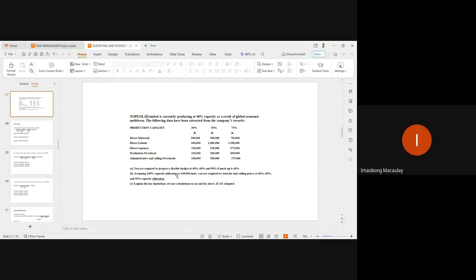100,000 units. Fine. So you are required to state the unit selling price at 40%, at 60%, and at 90% capacity utilization.